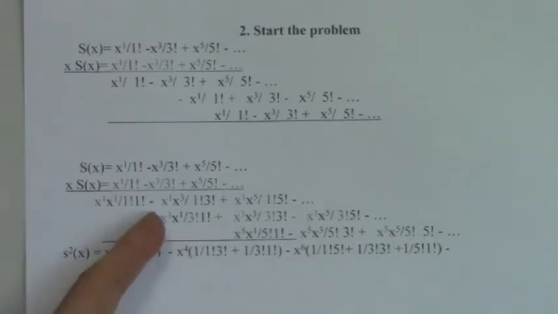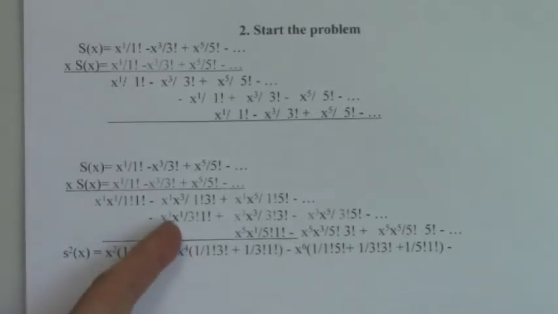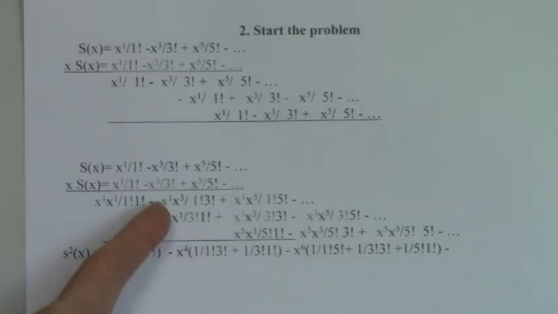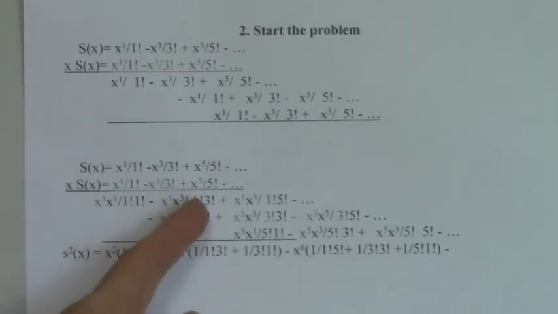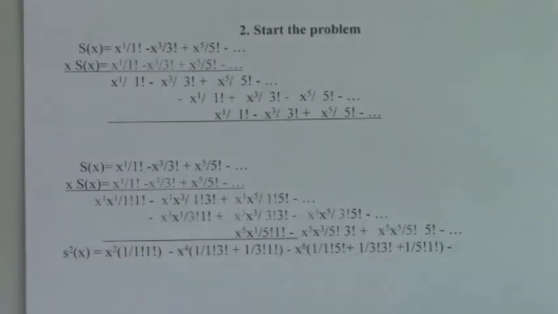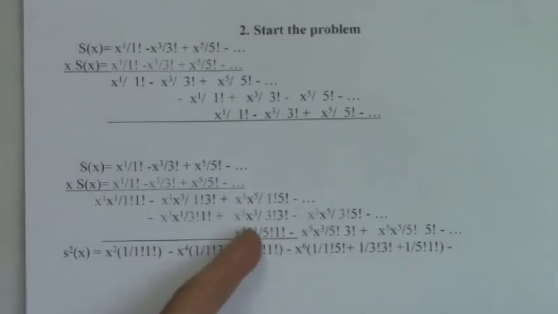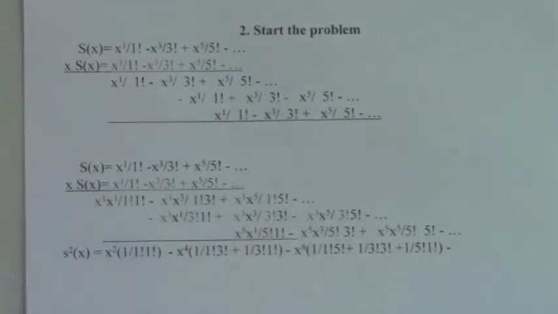The next term, x cubed times x to the 1, is x to the 4th power. And we basically use the distributive property to factor that out, and that gives us 1 over 1 factorial 3 factorial plus 3 factorial times 1 factorial. And we do this same thing with the next sign, except these are all plus, these are all minus. And this time we get 3 terms.